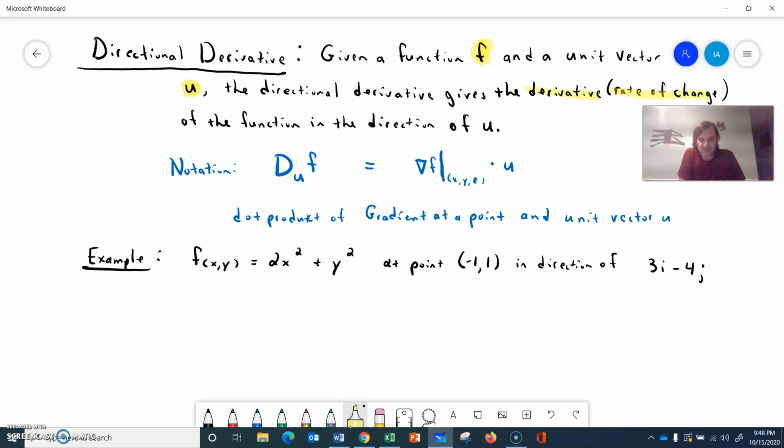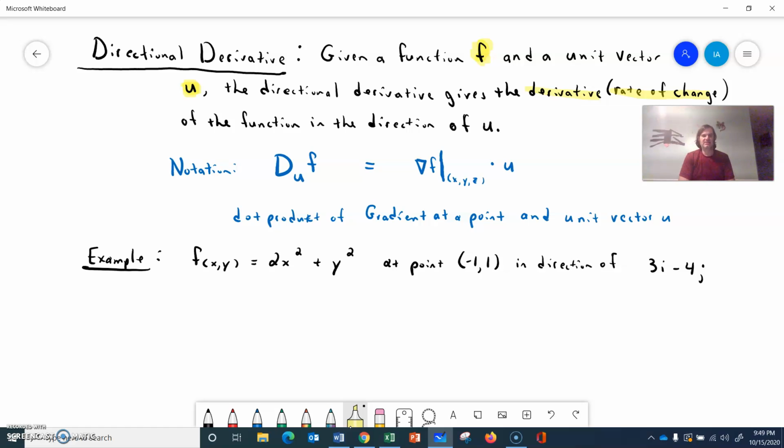The big D means directional derivative, the sub u means the direction that we're moving in, and f, of course, is the function. We're going to be given a point. So the calculation is going to be the gradient of the function at that point times that unit vector direction.